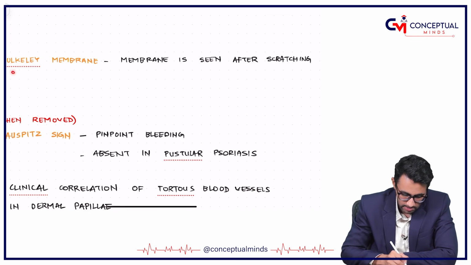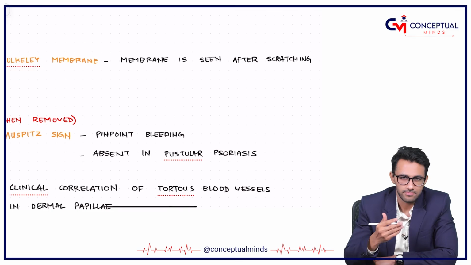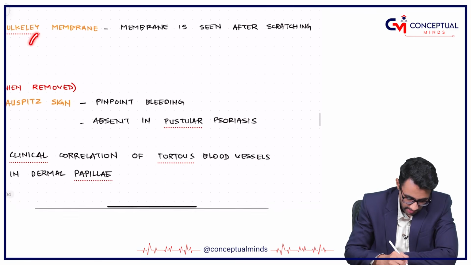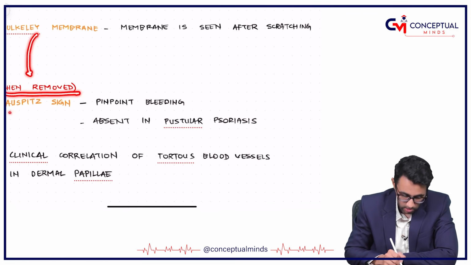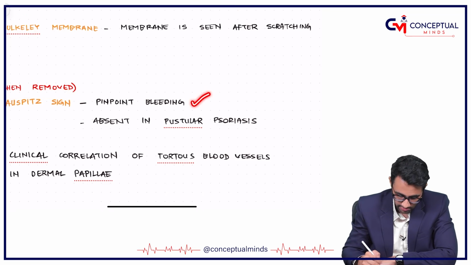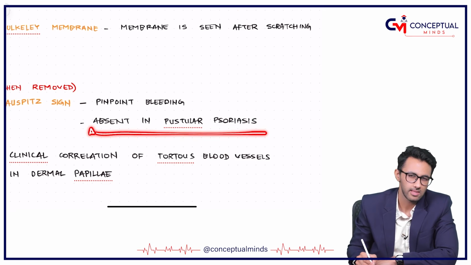The Vulgaris membrane is seen after scratching. Nothing fancy. It is a very thin membrane. When this membrane is removed, we see the Auspitz sign, the small pinpoint hemorrhages. But these are absent in pustular psoriasis, obviously.